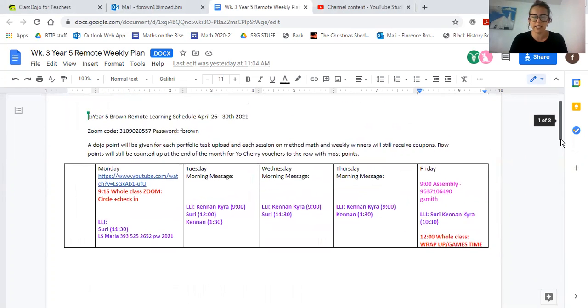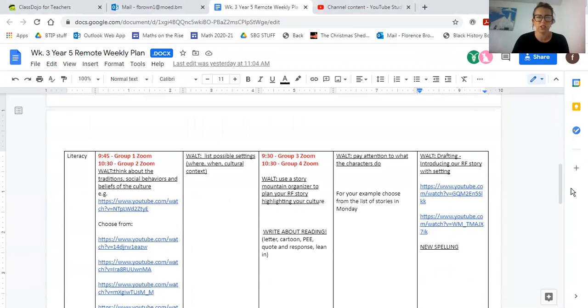And then what you're doing today is you're carrying on with your genre study. So yesterday you were looking at possible settings. Today you're going to use a story mountain to organize your plan. Now, by now, most of you have done story mountains at least twice.